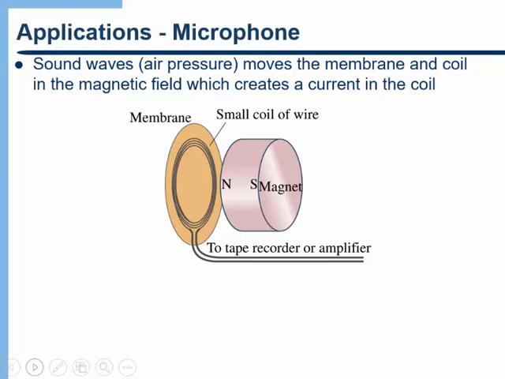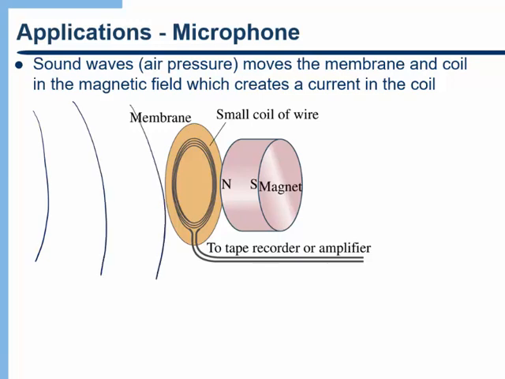What we're doing with a microphone is we're trying to take sound waves coming in and convert them to an electrical signal. So what we do is we have a very thin membrane, so it has almost no inertia, so it can respond to sound waves very quickly, even a high frequency sound wave. And we attach a small coil of wire to that thin membrane. So now we suspend that membrane in a way that it can freely vibrate when a sound wave comes in.